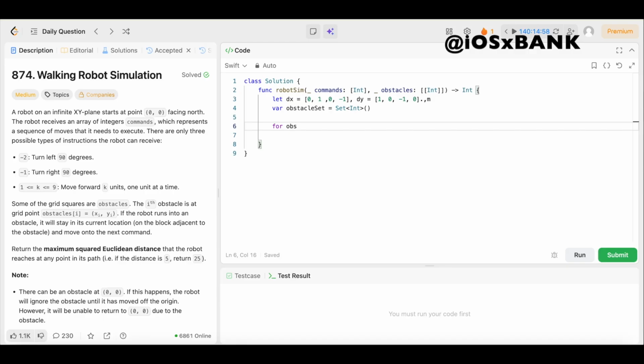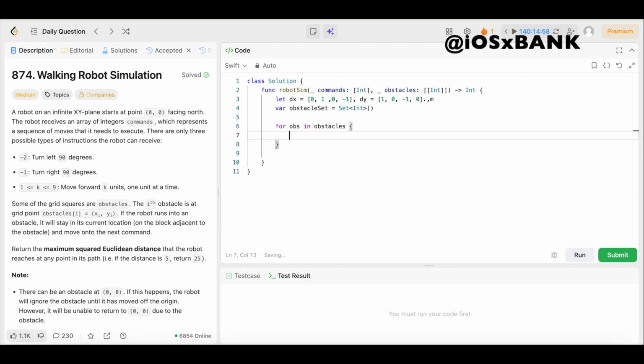Boom. Then we're going to come underneath this, and we're going to say for obs in obstacles, we're going to open up the brackets, and we're going to shift coordinates by 3000 to avoid negative values and multiply y by a large constant to ensure unique mapping.